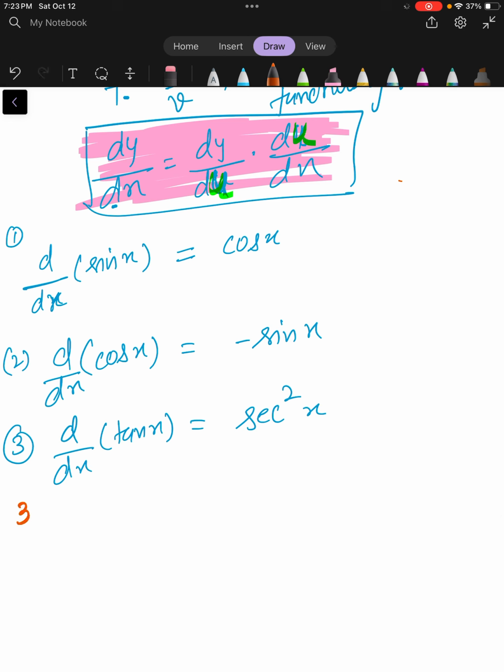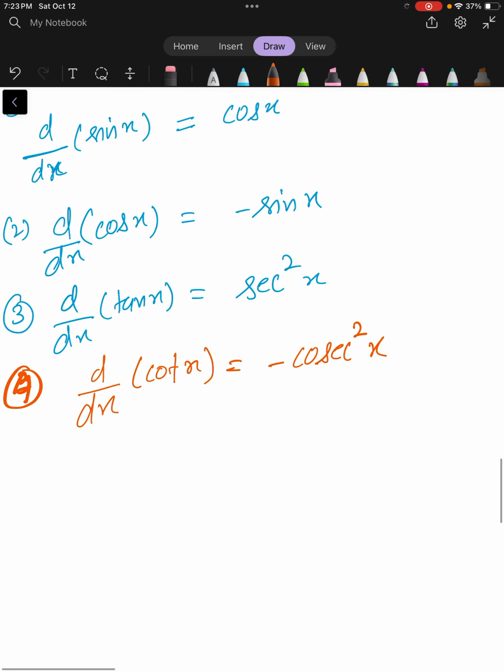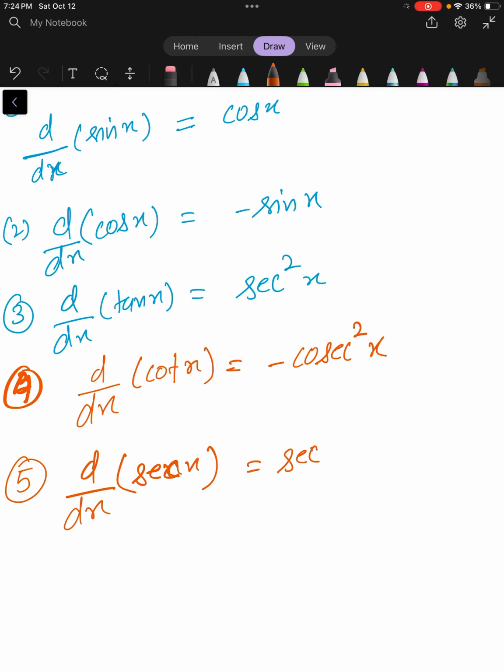Then the fourth one is d by dx of cot x, that is equal to minus cosecant square x. Then the fifth formula is d upon dx of secant x, sec x that we say, is equal to secant x into tangent x.